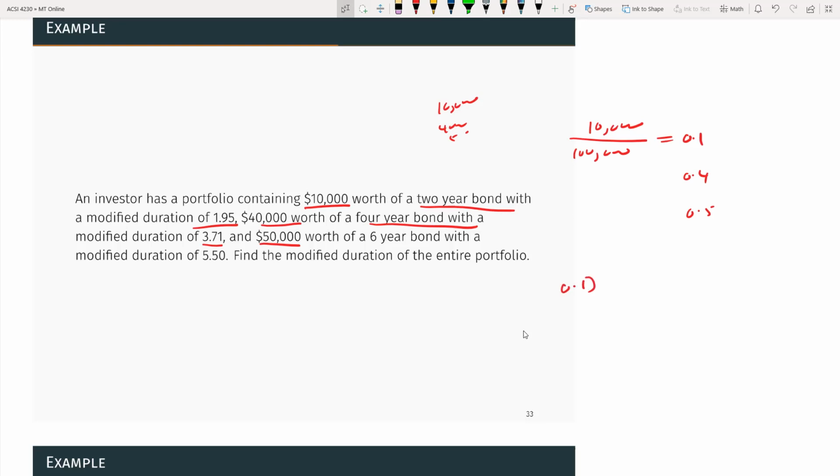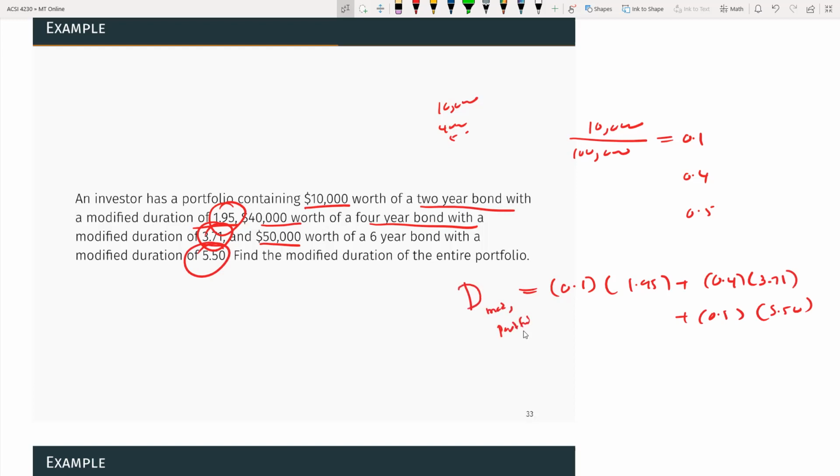So now you multiply 0.1 times the modified duration, 1.95. For the other one, 0.4 times modified duration 3.71. Then the other one, 0.5 times modified duration 5.5. So this is the modified duration for the portfolio.